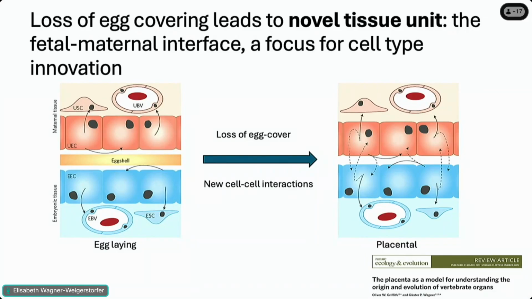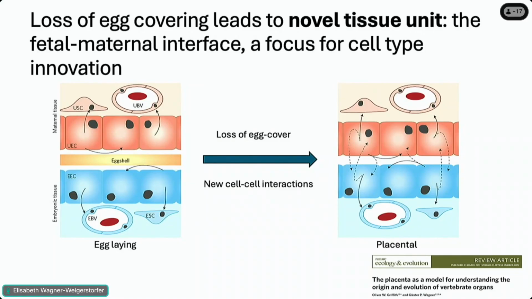Now, as a placenta evolves, the eggshell falls away, and all of a sudden you have cells that come into contact with each other and start interacting, which haven't seen each other for millions of years or ever in the history of life. And then all of a sudden new communication pathways open up.